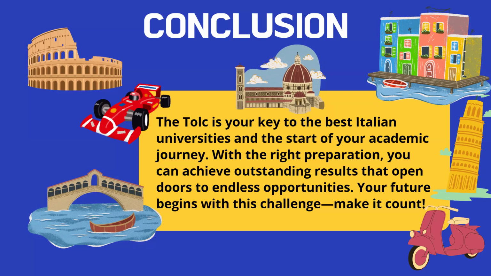For example, if you want to study at a top 5 university, like Sapienza, Politecnico di Milano, University of Bologna, University of Padua, or others, you'll need to get really, really high results on your TOLC exam. Most of the time, your admission depends only on your results of the TOLC test.